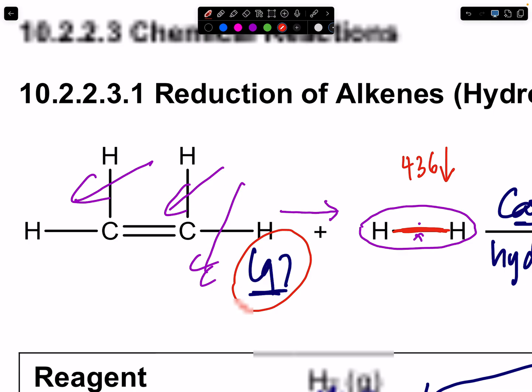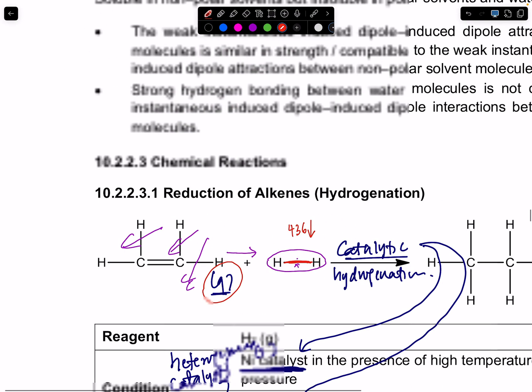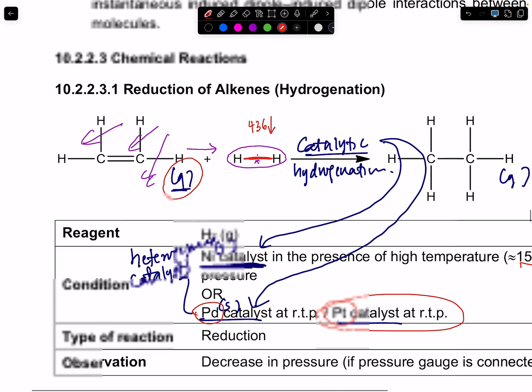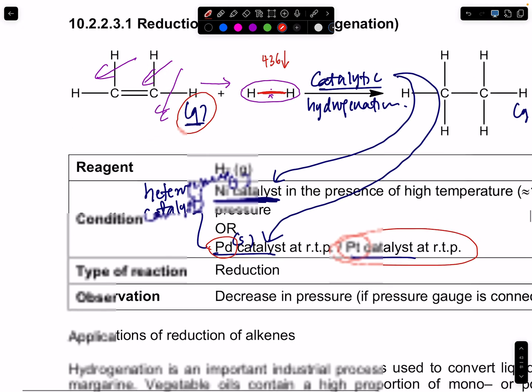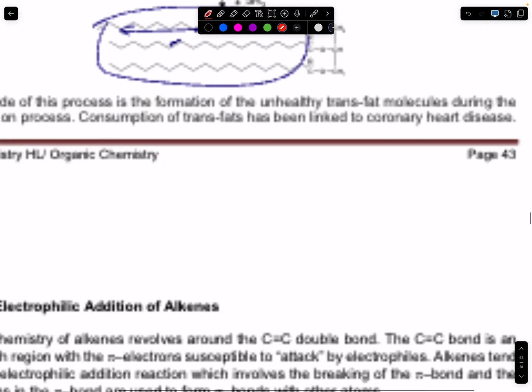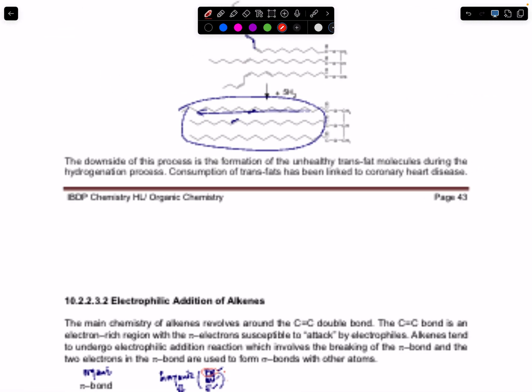And when the bond length starts to lengthen, the bond energy will start to drop. So therefore, because you're using a catalyst, and the catalyst provides an alternative pathway, we cannot call it the same mechanism as the rest of the reactions, because the rest of the reactions don't involve a heterogeneous catalyst.